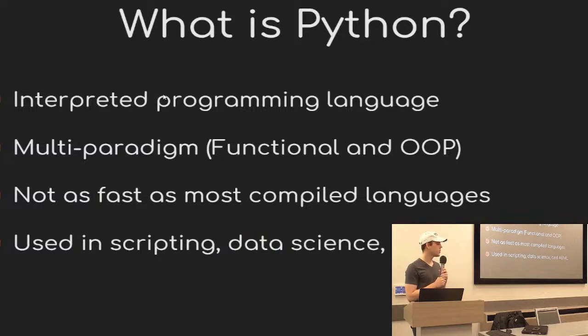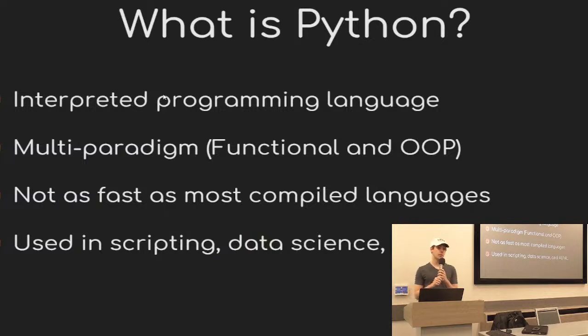So it's interpreted, which means it is not as fast as most compiled languages, but it often makes up for it in some real nice syntax trade-offs, and you'll see the code density is really nice as well.